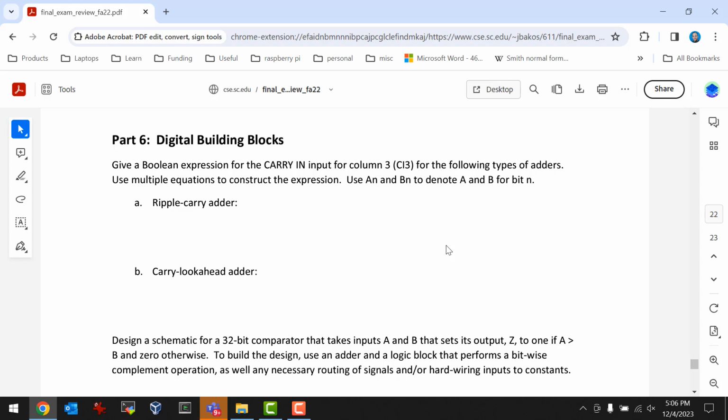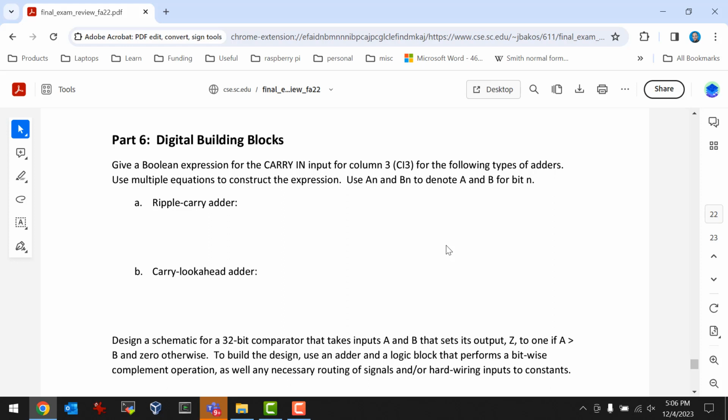And then carry in 2 is going to be the carry out on 1. Carry out on 1 is going to be pretty much the same thing as this, right? A1, B1, or A1 carry in 1, or B1 carry in 1, right?